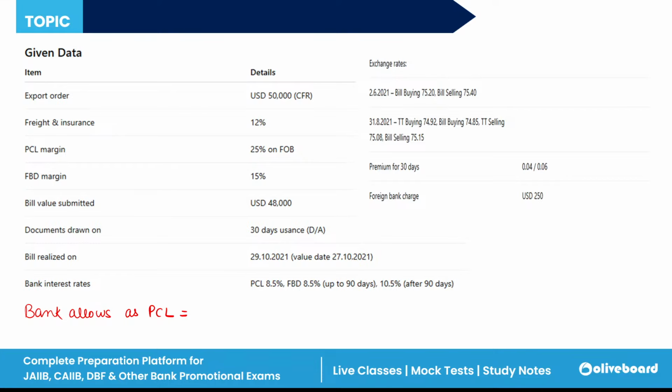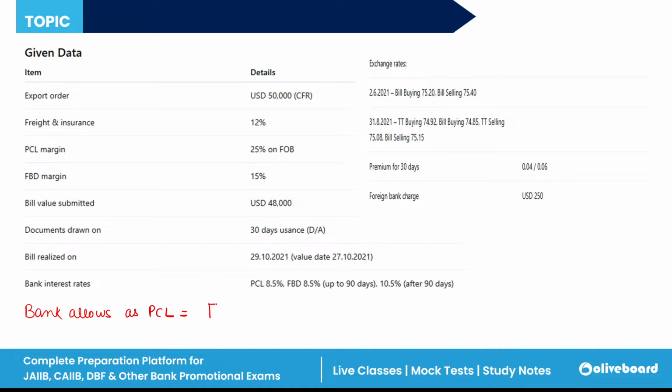What should be the amount here? See, what is the formula of this PCL?